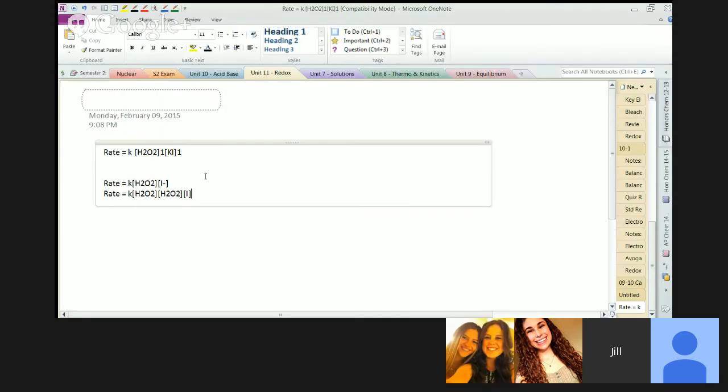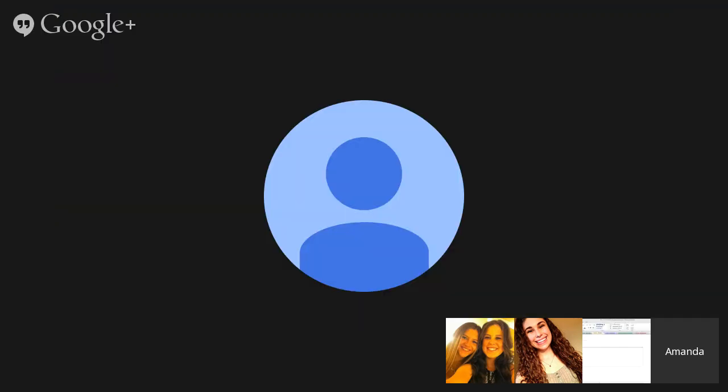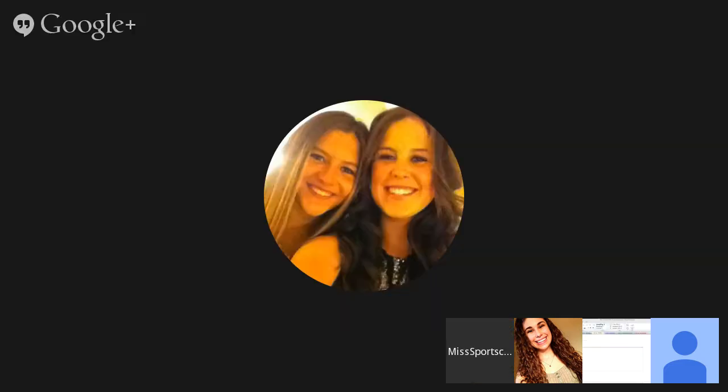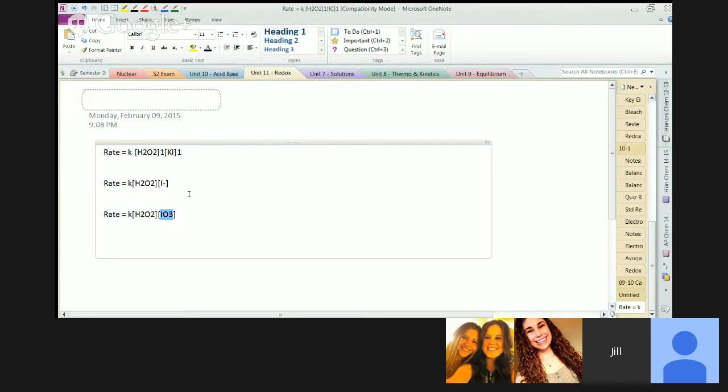Okay, so here's the deal. You can't have an intermediate in your rate law equation. Anything in your rate law equation has to be part of your overall reaction. So if your slow step gave you this rate, but IO3 is actually an intermediate, the rate wouldn't actually depend on the concentration of IO3 minus, because you wouldn't be able to measure that at any point, and you don't have that in data. You only know what you put into the reaction.